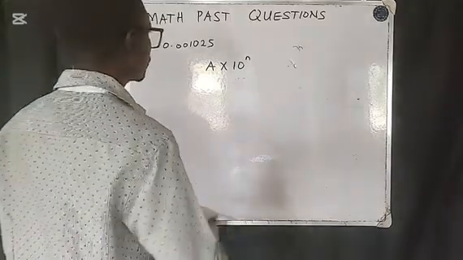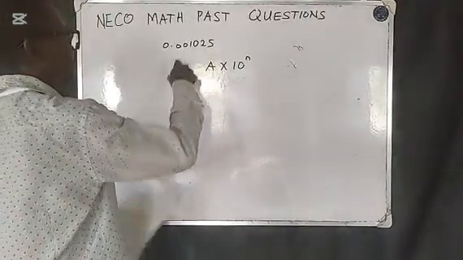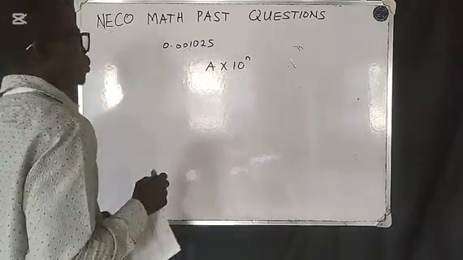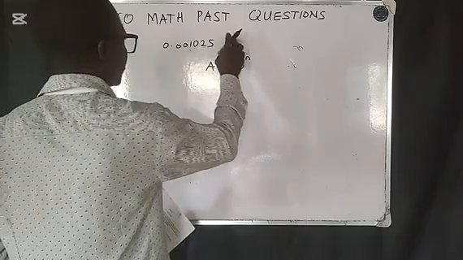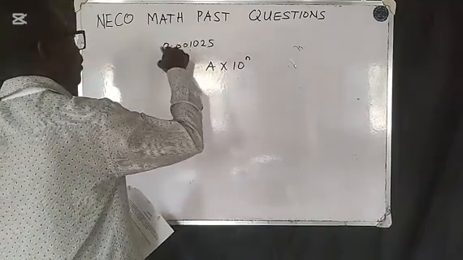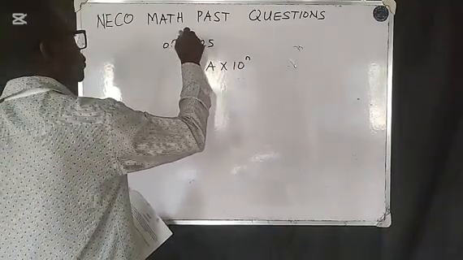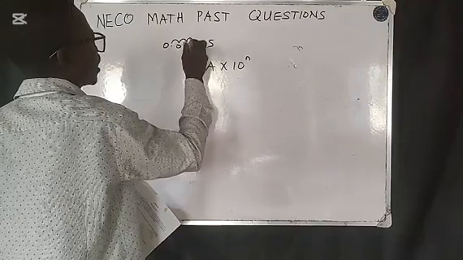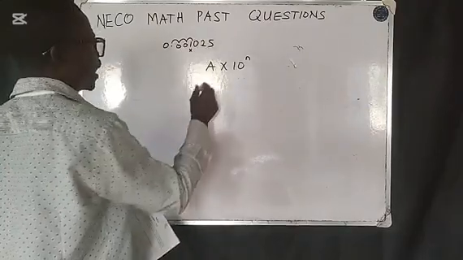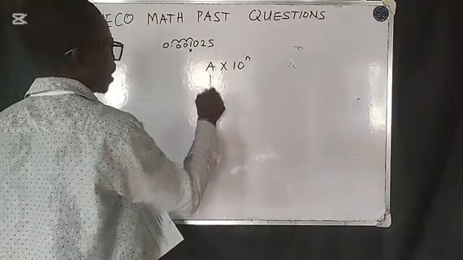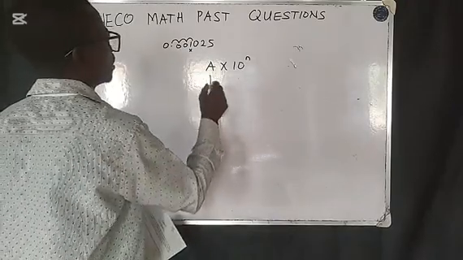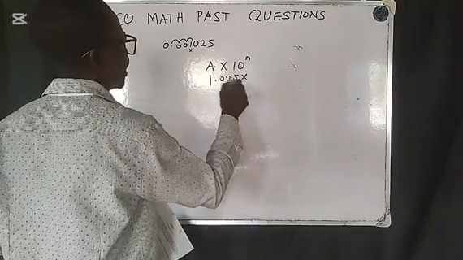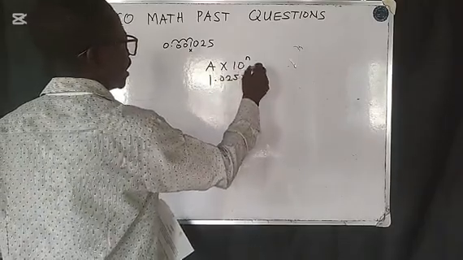So our A is the first non-zero digit, so our A is 1. To express this number in standard form, we move the point from where it is now, 1, 2, 3, to the first non-zero digit, which is 1. So we write this A now as 1, multiplied by 10 to the power.